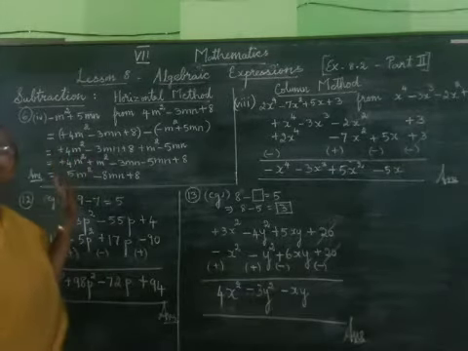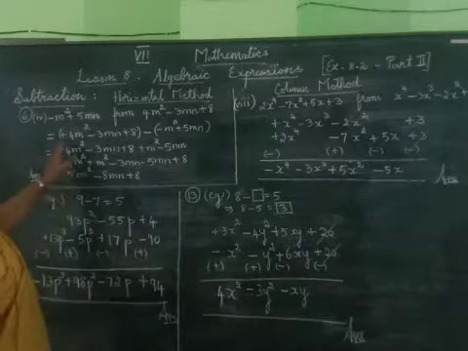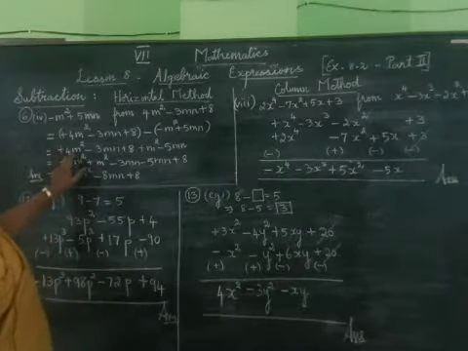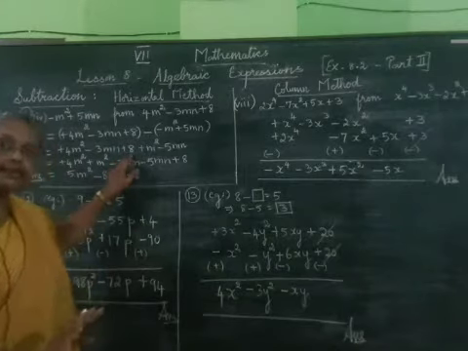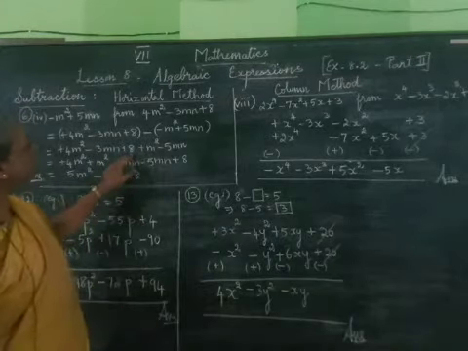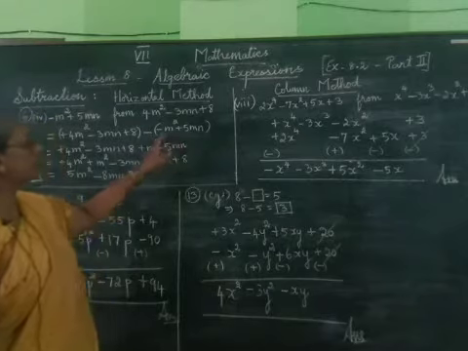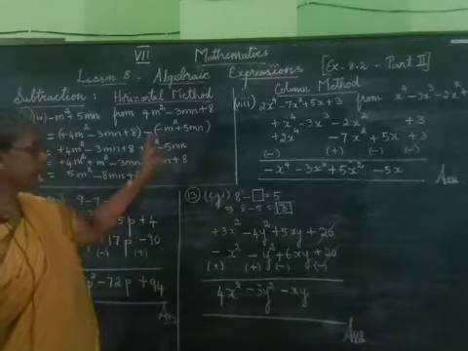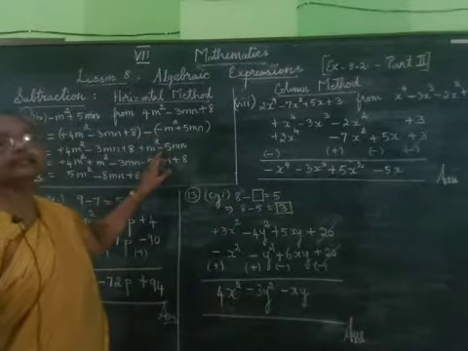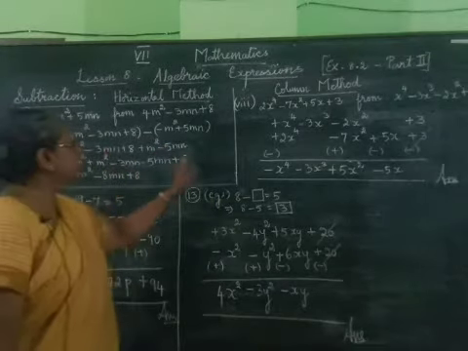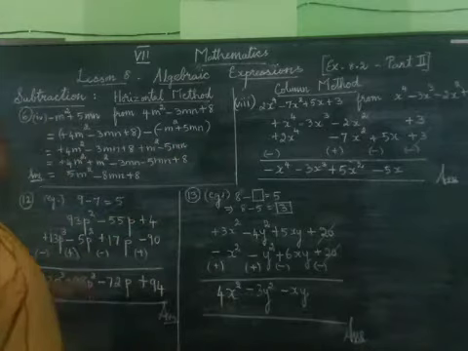There will not be any change in the signs. So we have written plus 4m squared minus 3mn plus 8. That will be as it is. Then coming to the second one, it will be minus of, therefore we will change the sign. Minus of minus, plus m squared, minus into plus, minus 5mn. So we have changed the sign for the second expression.